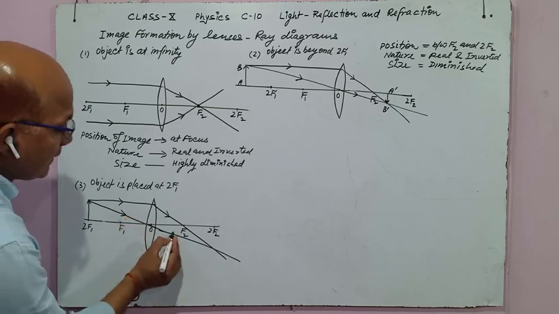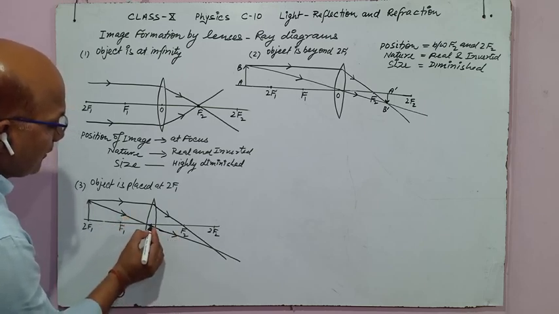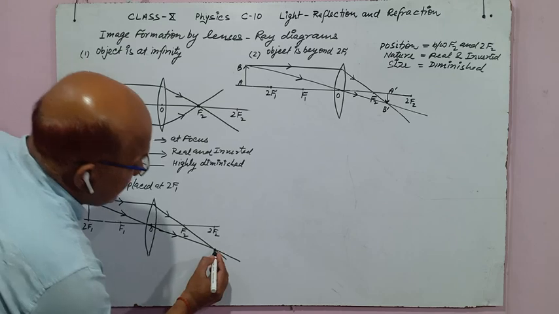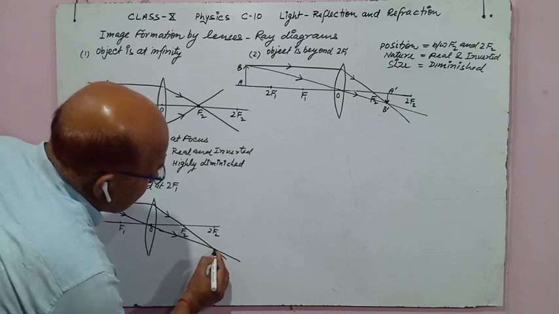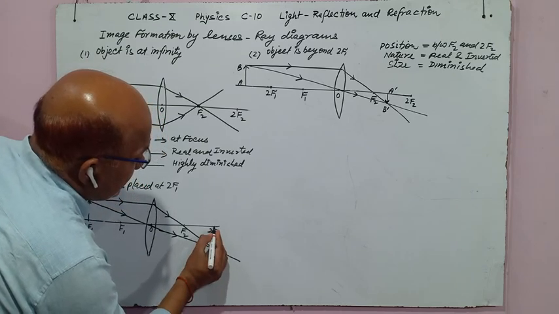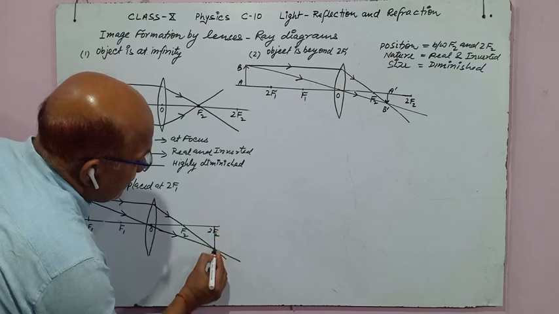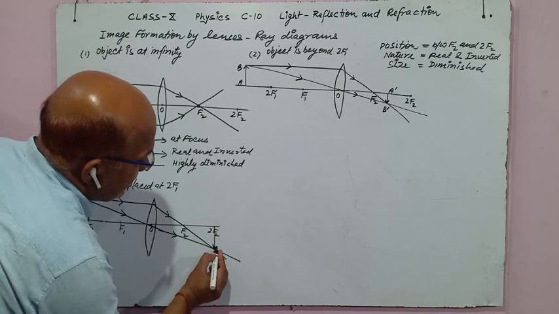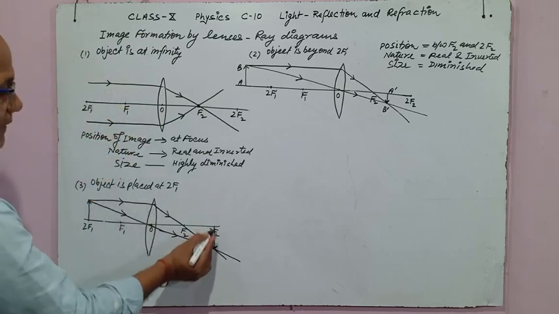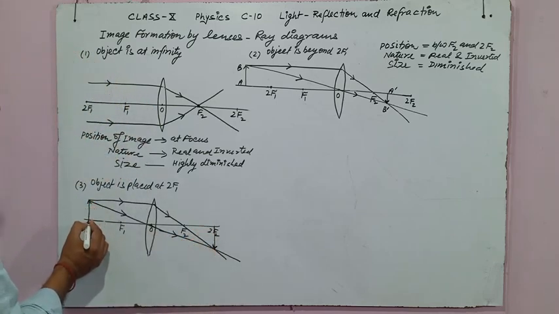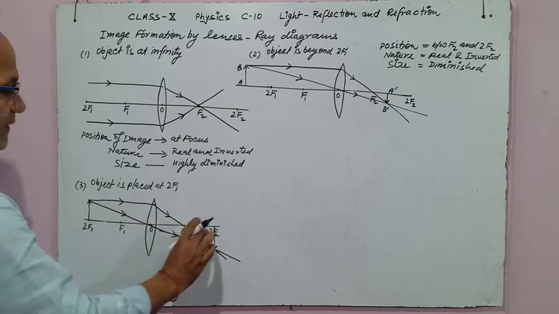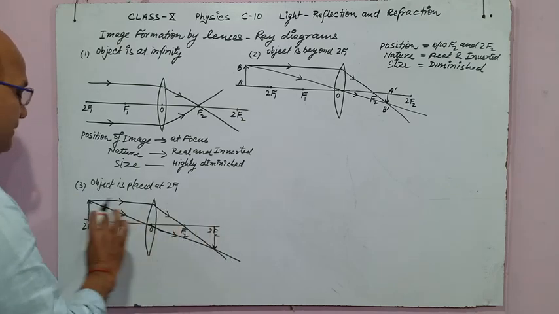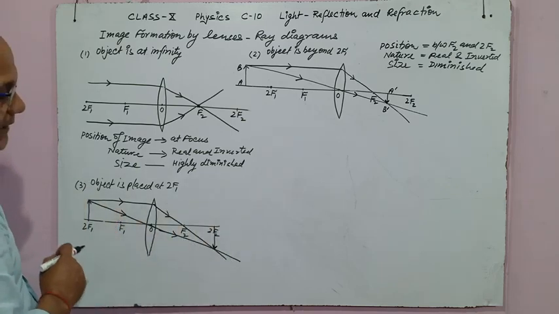This is the ray which is passing through the optical center. The two rays are meeting at this point, so draw a perpendicular at this point. So this is the image and this is the object. You can see the size of the image is the same as the size of the object.